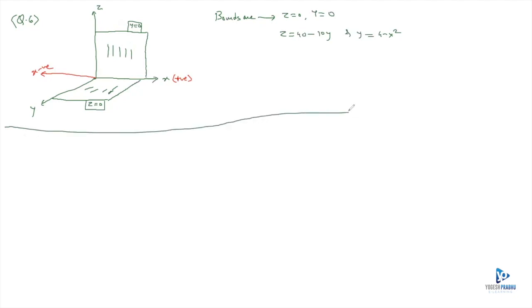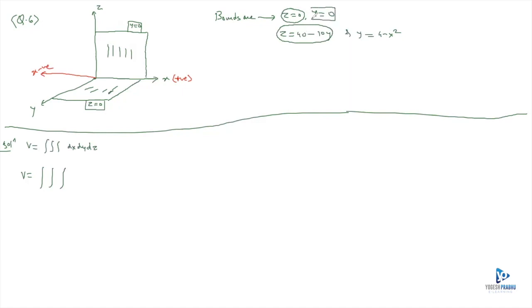Okay, so now with that understanding, we should start solving. Solution. Volume has to be triple integration dx, dy, dz. So we get V equals integration, integration, integration. Look, we already have limits of z from 0 to this, and these are the limits of y.